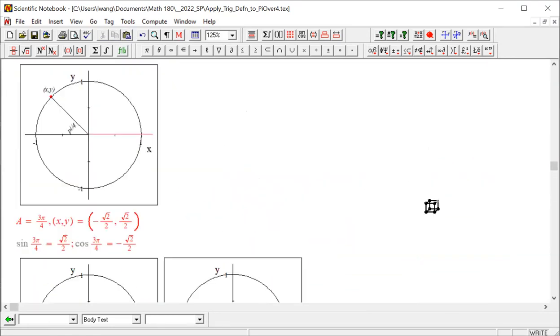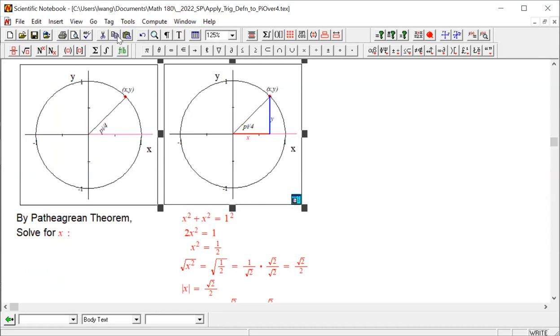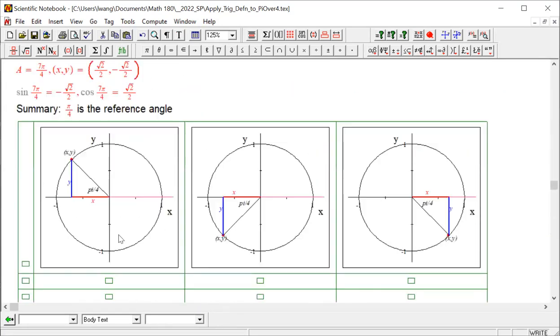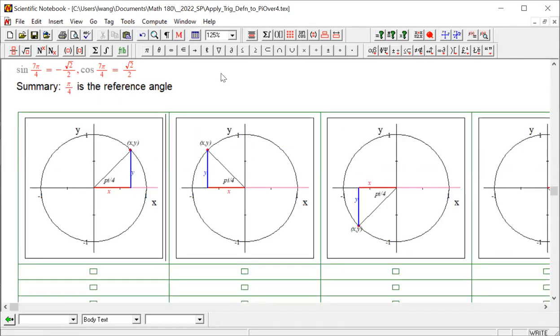So we have one more to go, and that's right here.